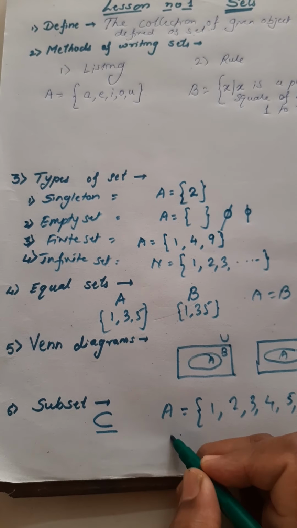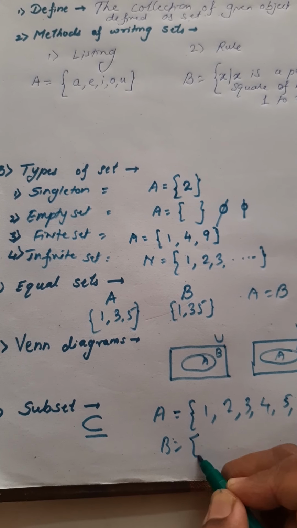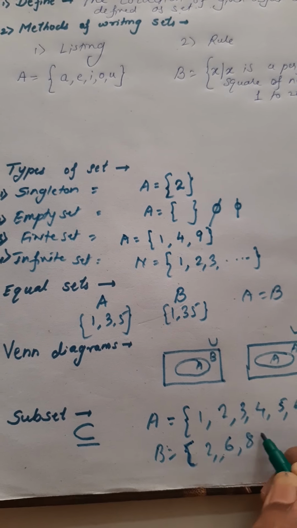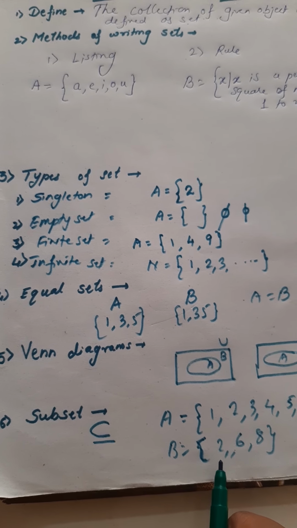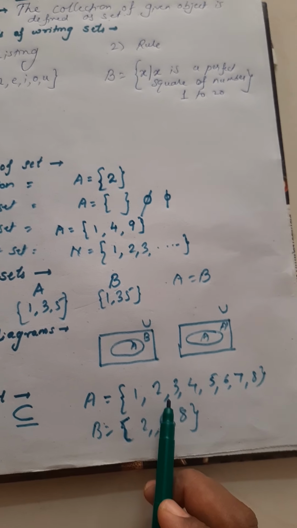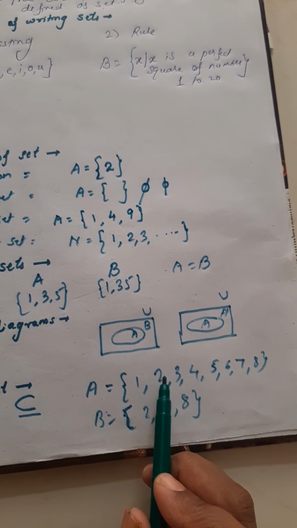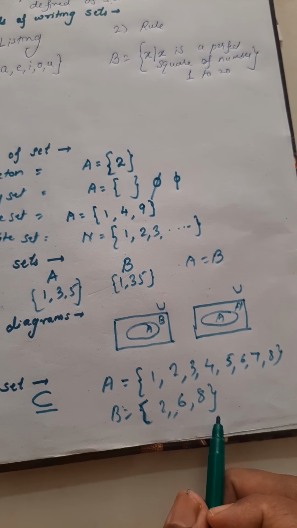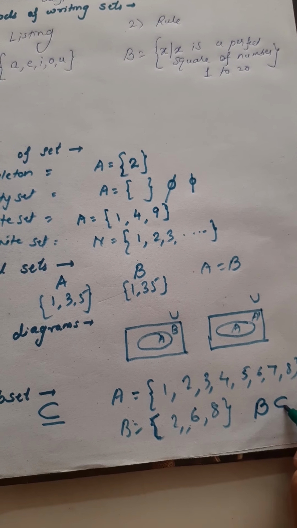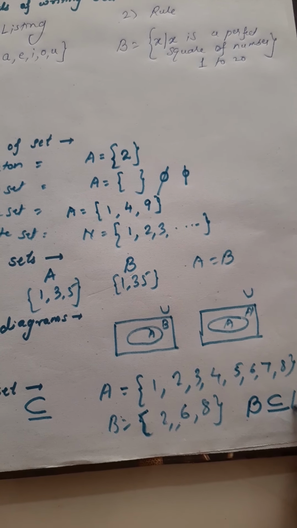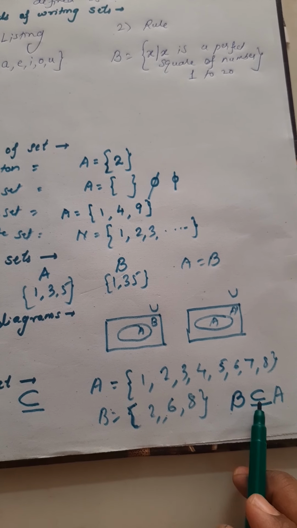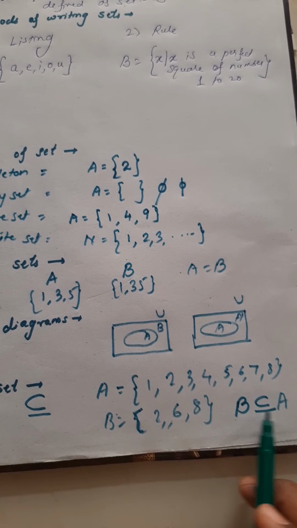Now I will take another set and write in curly brackets 2, 6, 8. These numbers 2, 6 and 8 also appear in the set A above. Therefore we will write B is a subset of A. The subset symbol is a C drawn with a line under it.